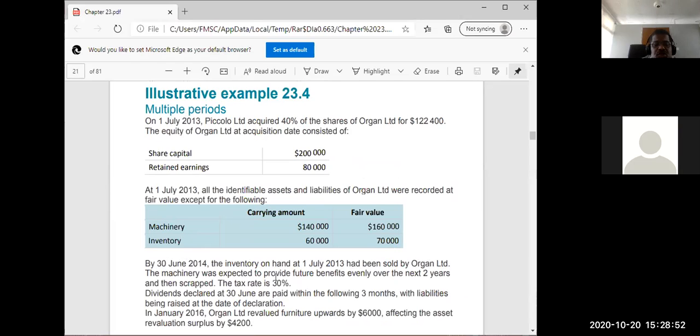The machinery was expected to provide future benefits evenly over the next 2 years, then scrap. So this machinery fair value, we need to depreciate over the next 2 years. But remember, when they prepare accounts, the depreciation is based on the book value. What we have to do is only provide the additional depreciation based on the difference of 20,000.